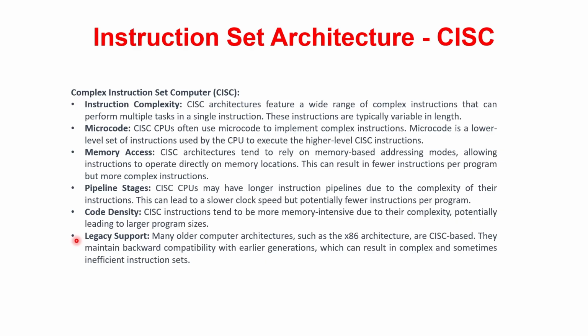So they maintain backward compatibility with earlier generations, which can result in complex and sometimes inefficient instruction sets. Understanding these differences helps us appreciate the evolution of computer architecture and the trade-offs between performance and complexity.